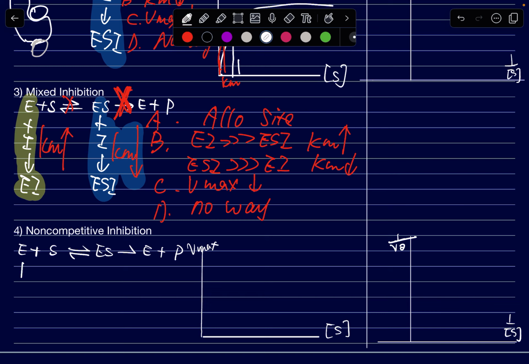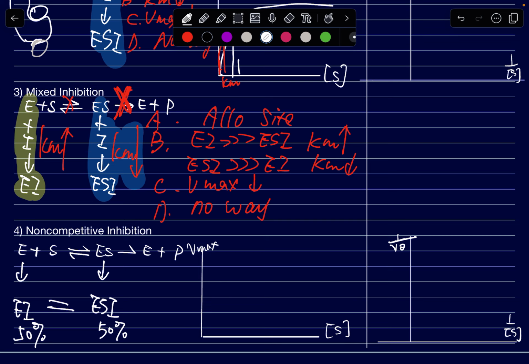So as you can imagine, non-competitive inhibition is a special case of mixed inhibition when you form 50% EI and 50% ESI. Okay, the quantities equal each other.